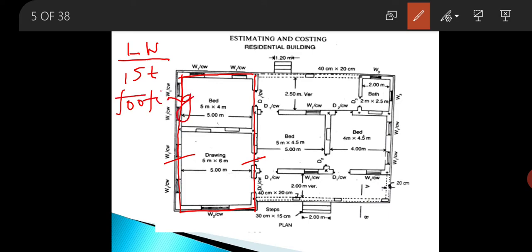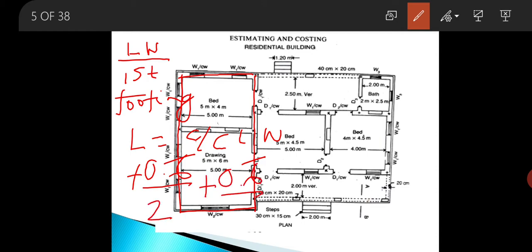Okay, so what is the length of the first footing? In order to get the length of the first footing, with the center to center length of the long wall, add half of the width of the first footing on both the side. So width of the first footing is 0.6 by 2. So we will add 0.6 by 2 on both the side.